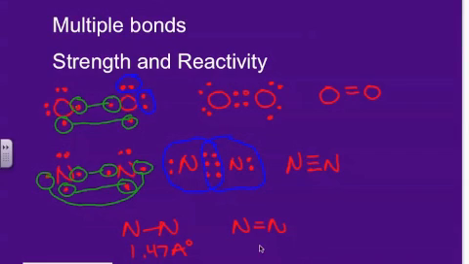A double bond has a distance of 1.24 angstroms. A triple bond has a distance of 1.10 angstroms. So this bond is the strongest.